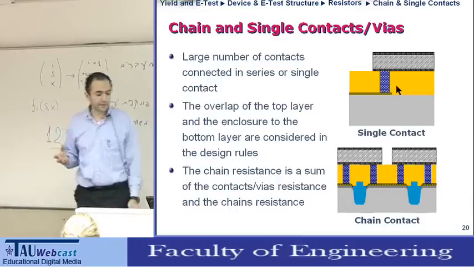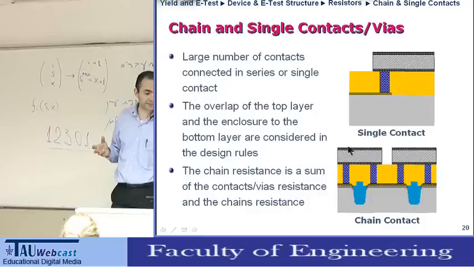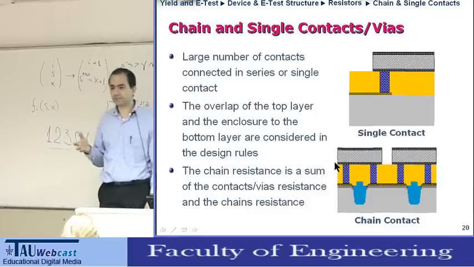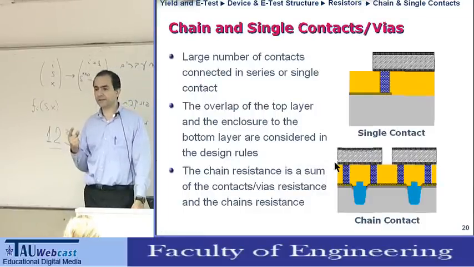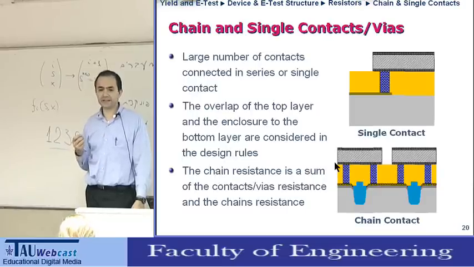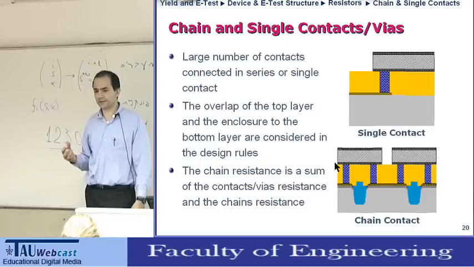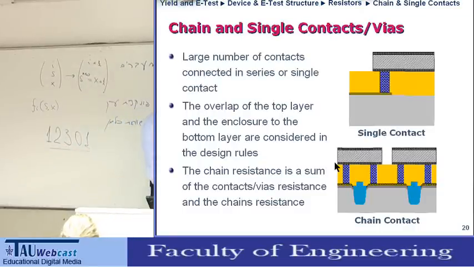So we will not be able to measure it when we measure one contact. But if we measure a chain of 1,000, it's enough that one contact is open, all the contacts will be open. The resistance increase will reflect in the whole chain resistance. So it also allows us to better find systematic problems of contacts. Okay.